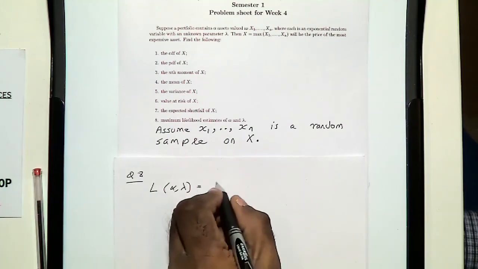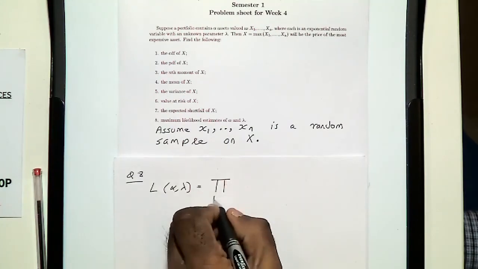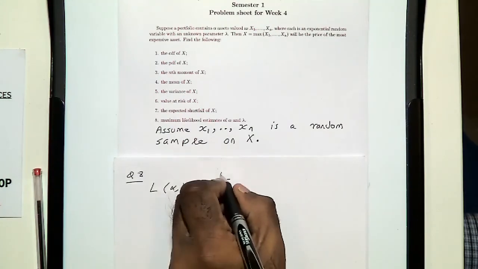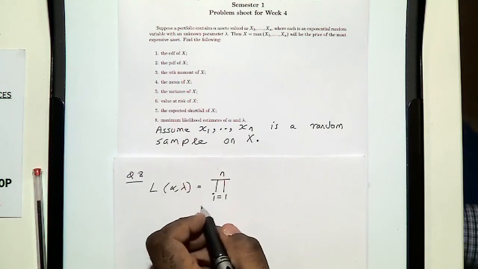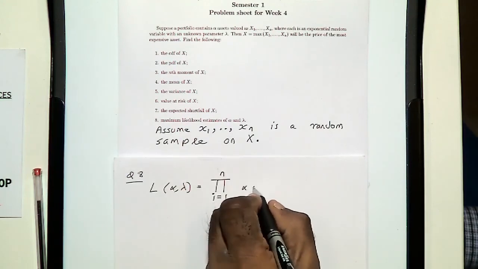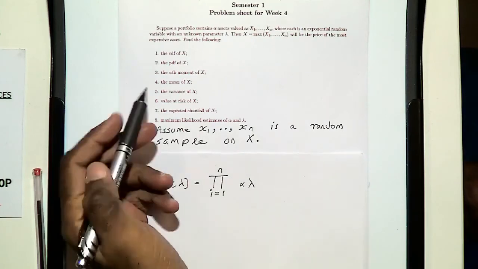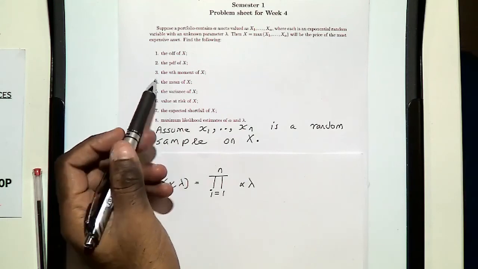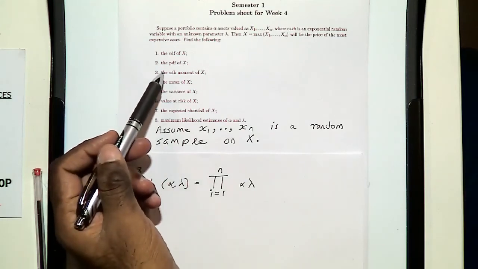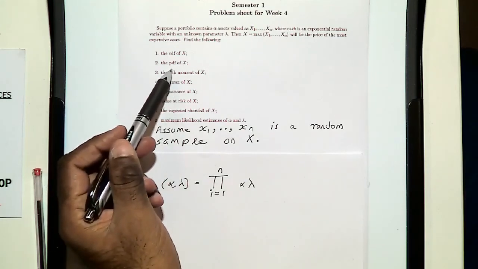All right, so the likelihood function is the product of the density function. In this case, it is the density function of x, which we derived in part 2. So we derived the density, the PDF, in part 2.